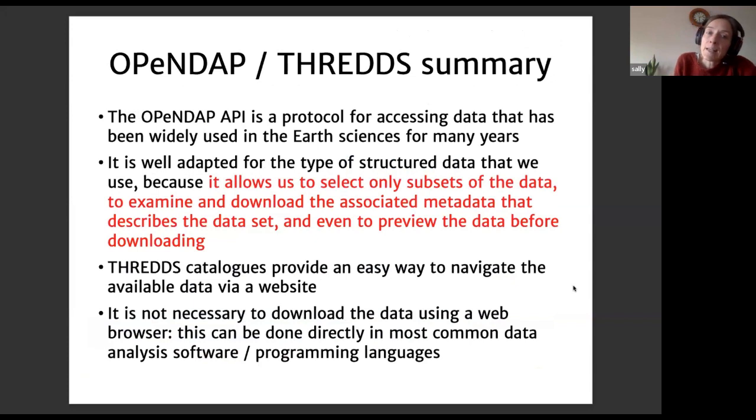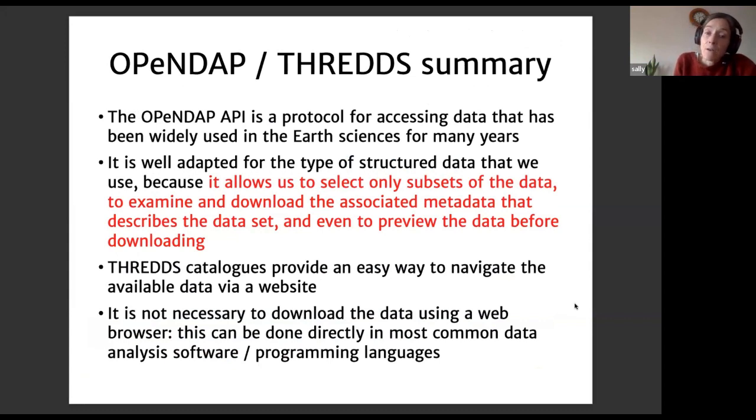Okay, so OpenDAP API is this protocol for accessing data. It's been widely used for many years, and it's well suited for marine data because we can select only subsets of the data rather than having to deal with very large amounts of data. It also allows us to look at the metadata or to preview the data before we download it.